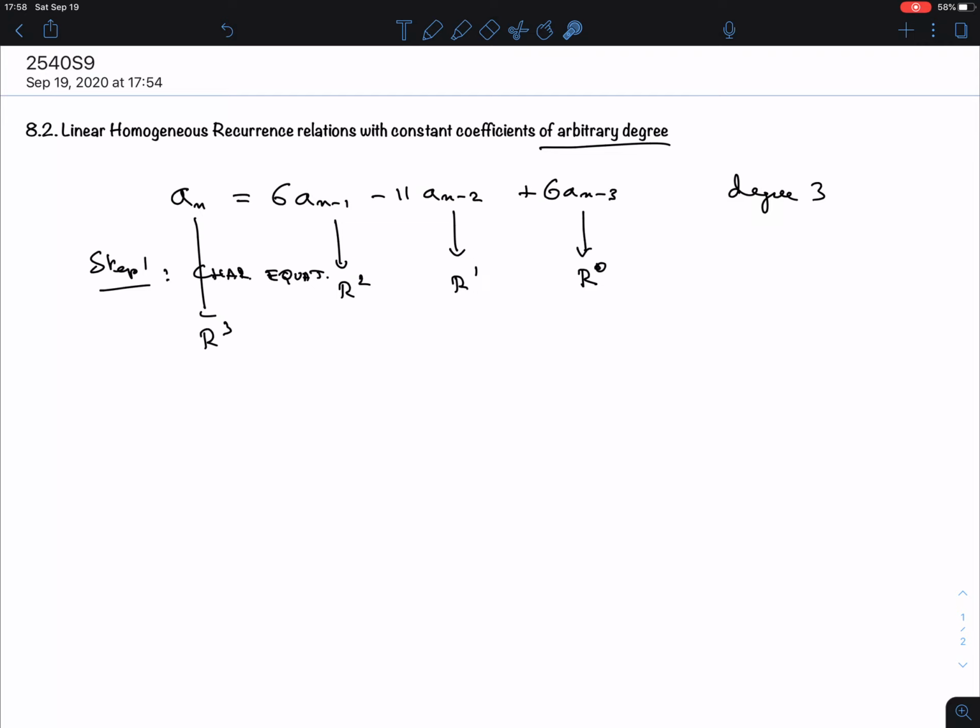It is because we start going up from the lowest, from n minus 3. We go up by steps of 1, and the powers go up by steps of 1. So our characteristic equation is r cubed equals 6r squared minus 11r plus 6 times 1.